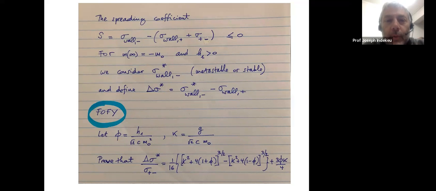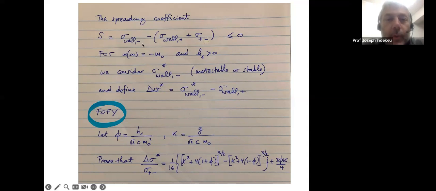So you know that for the non-wet situation, the wall minus surface free energy certainly would exceed the wall plus surface free energy because the surface field prefers the plus phase.